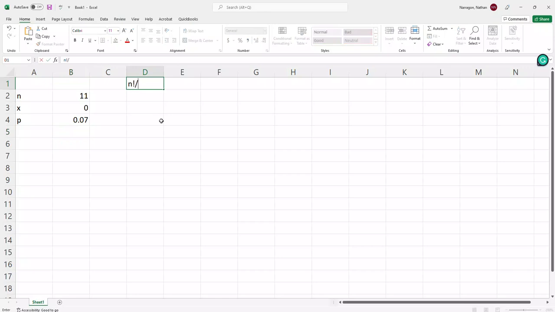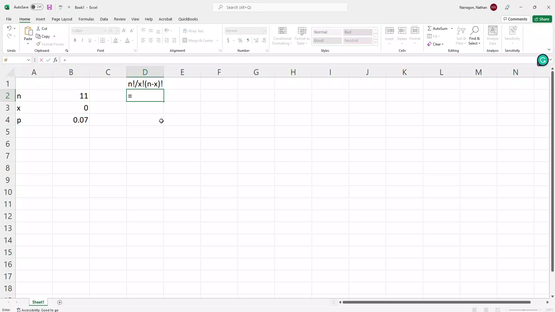So again, n factorial divided by x factorial times n minus x factorial. I'm going to piece out the formula by each item that gets multiplied, so you can see how it works and how we're doing it.